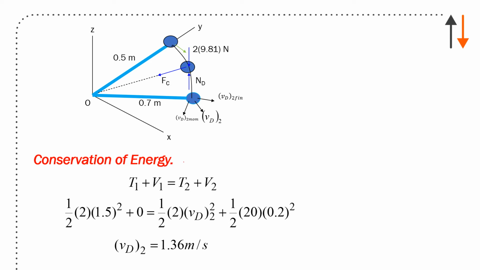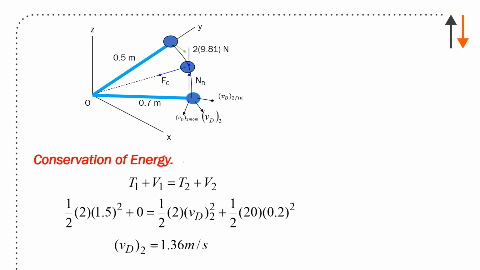Now, at the other end, this is a system that is conservative. There's no friction applied to this system. I've got initial kinetic energy.